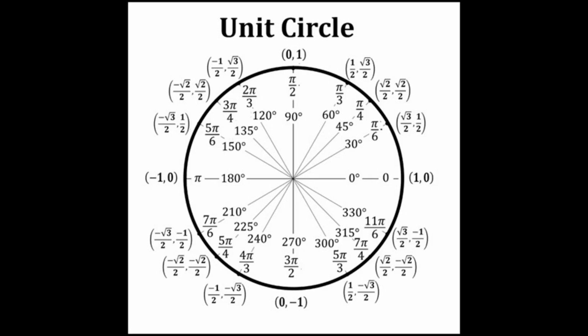This is the unit circle. You don't have to really understand what this is, but these are the pi values that you see around here. Pi divided by 3, pi divided by 4. That's the radian value for each degree around the circle. You don't have to completely understand that. Just know that usually sine of the radians is used for y, and cosine is used for x.